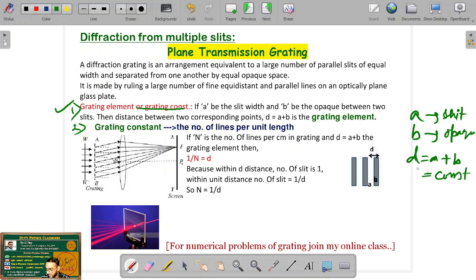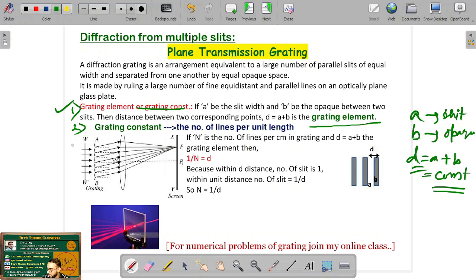That is the distance between two corresponding points, the sum of the slit width and opaque width. So small d is called the grating element.